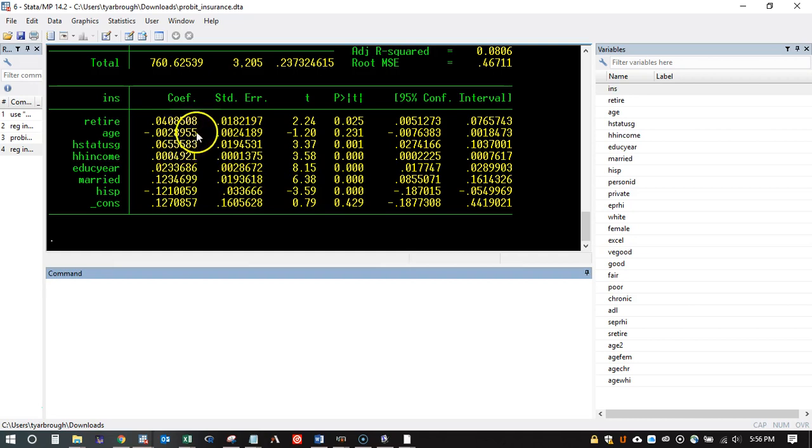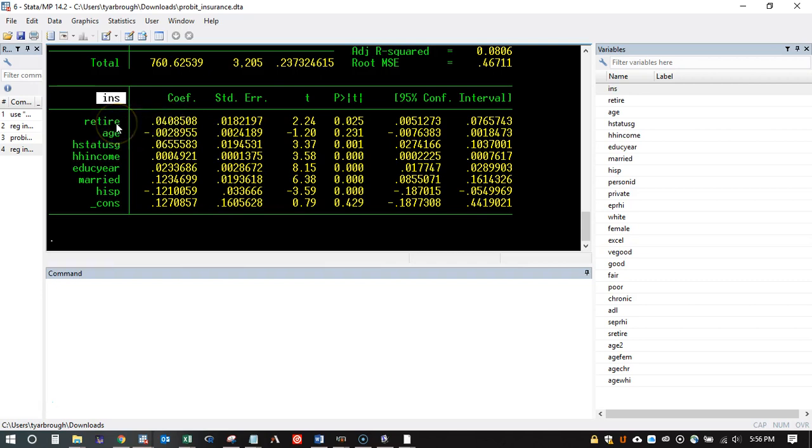The problem is that normally when you interpret this coefficient estimate, this is the change in the left-hand side variable, insurance, relative to a unit change in this. So is the person retired has a 0.04 change with respect to does the person have insurance. But that doesn't really make sense, right? There's just no way to interpret that.